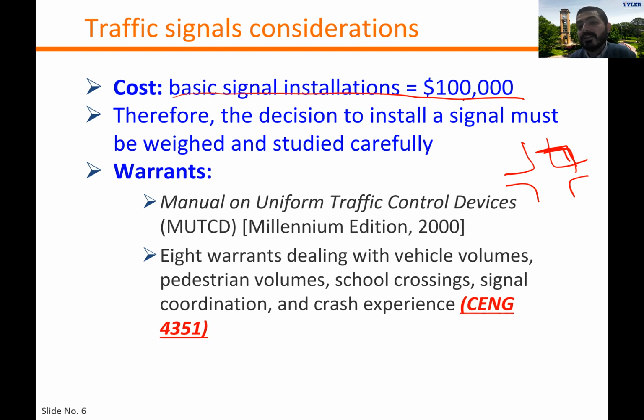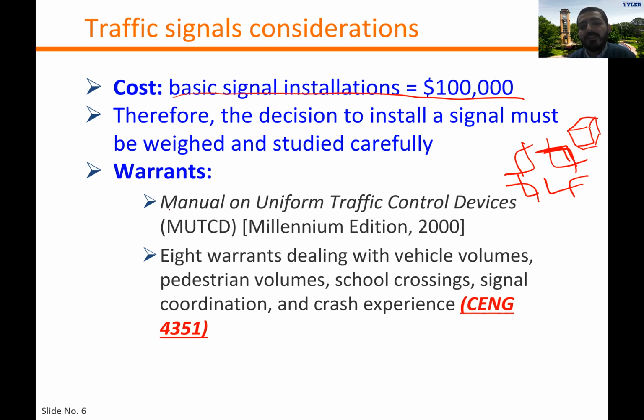Therefore, the decision to install a traffic signal must be weighed and studied carefully, because by the time you put signals at all four locations, as well as the box, which is the controller, on one of the four corners of the intersection, we're talking at least a $500,000 investment per intersection if we really want to get it signalized.